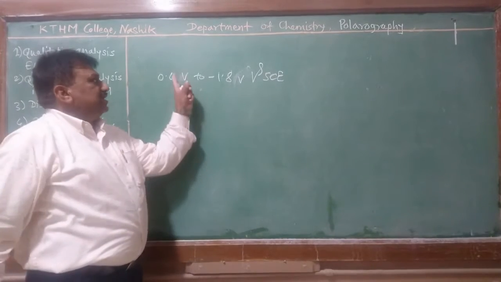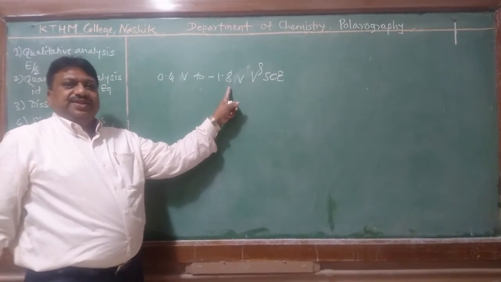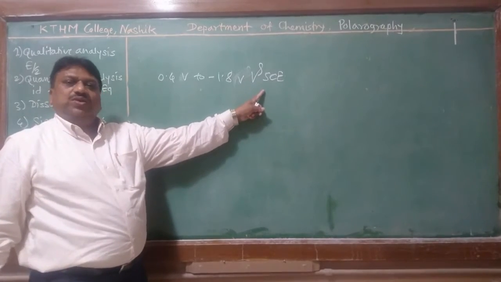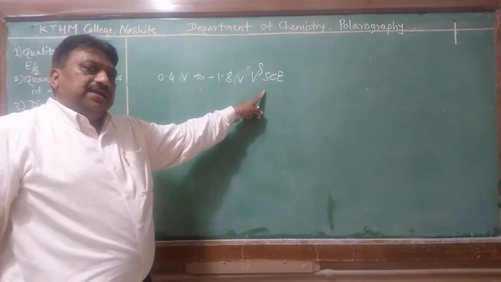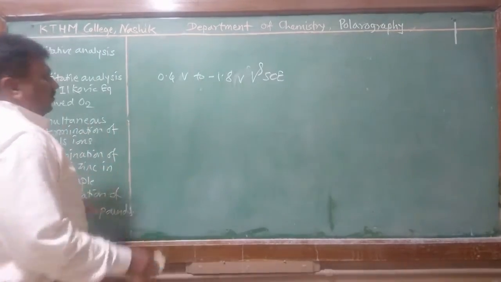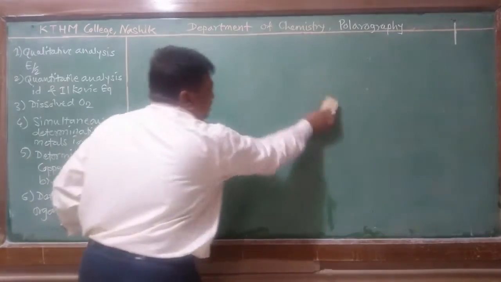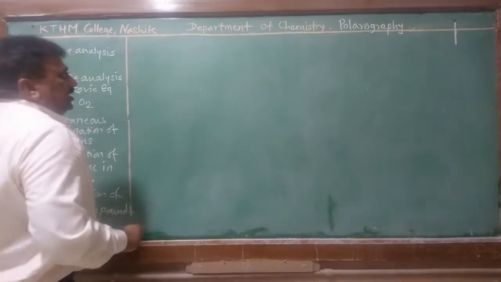Therefore, analytes that are either oxidized or reduced within this potential range at the dropping mercury electrode can be determined by a polarographic method of analysis. Here the method is also extended to determine the concentration of organic compounds.